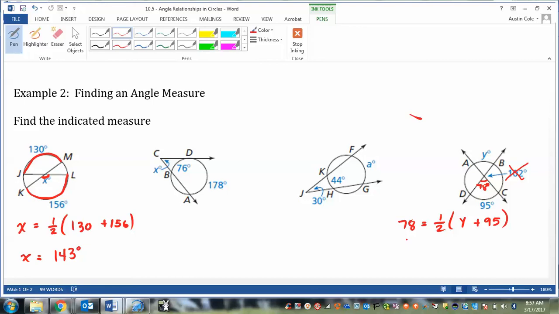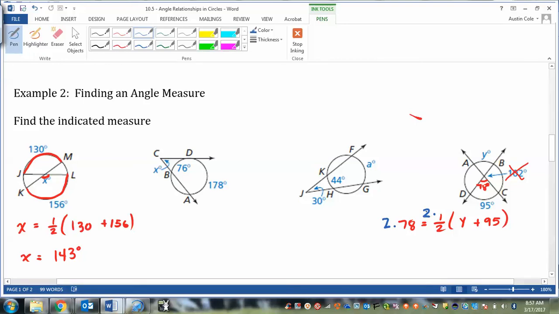I prefer not to distribute fractions if I can help it, because then I'm going to have 1/2 y, and that's going to give me a decimal. I would much rather get rid of the 1/2 by multiplying both sides by 2. Could I distribute? Absolutely. Do we have to distribute? In this case, no. Sometimes you do.